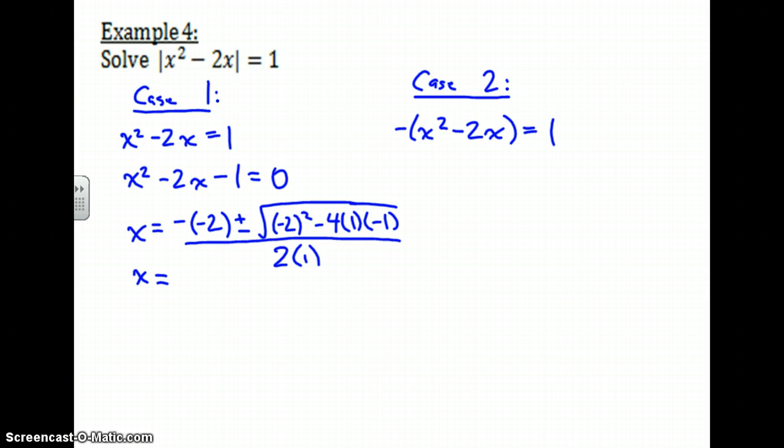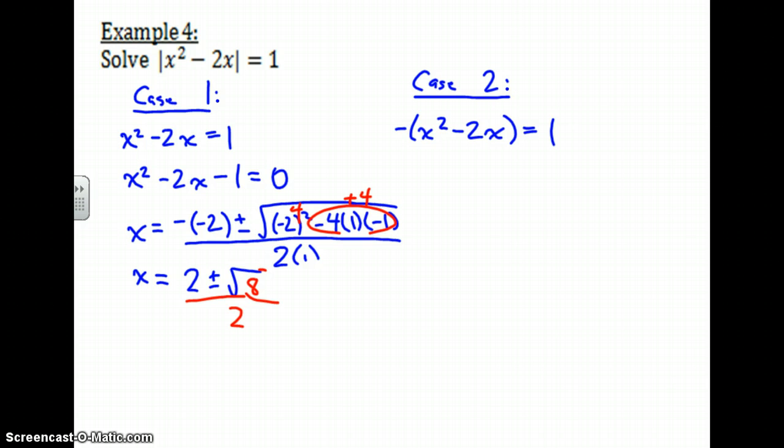We simplify this and we get positive 2 plus or minus the square root of negative 2 squared, which is 4, plus this part works out to be positive 4, because we've got the two negatives. So we get the square root of 8 all over 2.